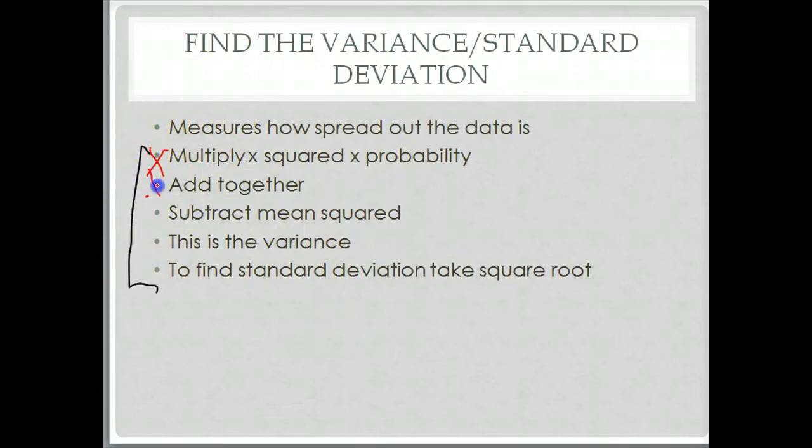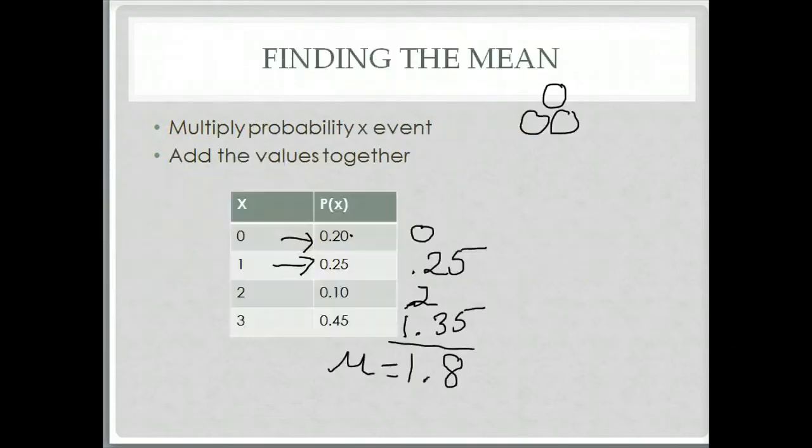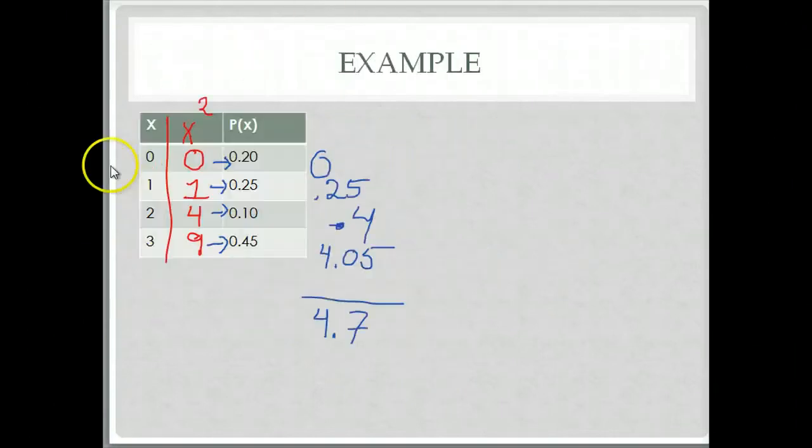Subtract the mean squared. Well, before I could subtract the mean squared, I have to remember the mean was 1.8. So the mean was 1.8. The mean squared then is 1.8 squared, or 3.24.